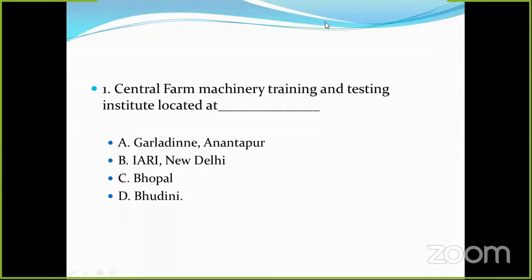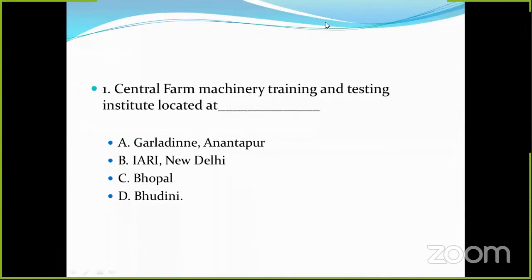Yes, Uddesha Patel gave the perfect answer. Central Farm Machinery Training and Testing Institute is located in Budni, whereas the Southern Region Farm Machinery Training and Testing Institute is situated in Garladinne in Anantapur district, and the North Eastern Region institute is at Biswanath Chariali in Assam.